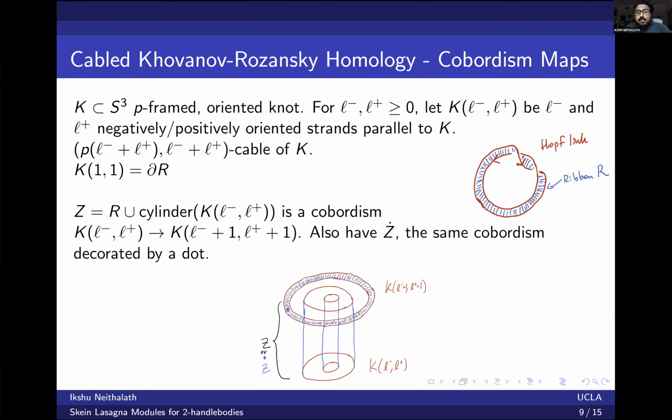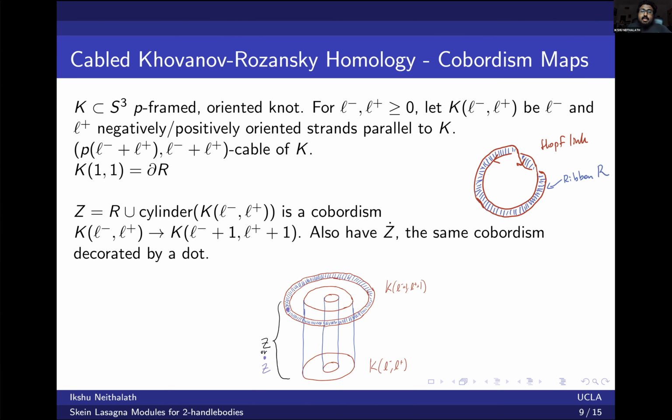And I'm also going to need a slight variation on it, which is just the same cobordism, but we're going to decorate that ribbon piece with a dot. This is in the sense of the Bar-Natan cobordism category, where we can decorate surfaces by dots and associate maps on Khovanov homology to those. From now on, I'm only going to be focusing on the case when capital N equals 2, just the case of Khovanov homology, not the more general Khovanov-Rozansky homology.